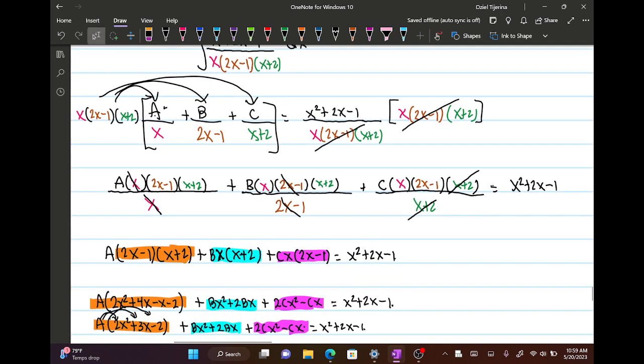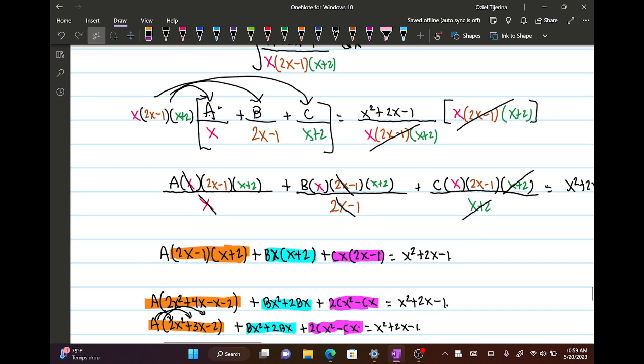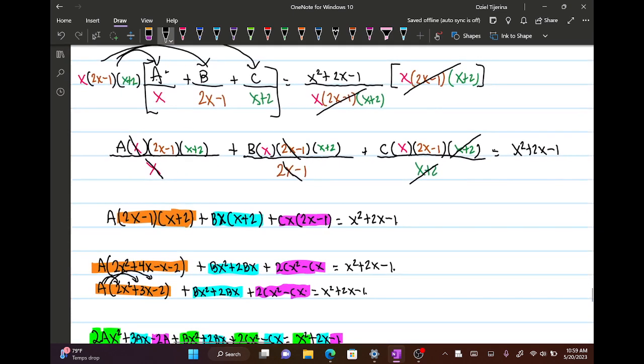So then I did it separately, where I put A times x times 2x minus 1 times x plus 2 all over x. So you're just basically distributing this whole thing into each of these letters and making them into the same denominator that each letter has. And then from here, I went ahead and started canceling out the factors.